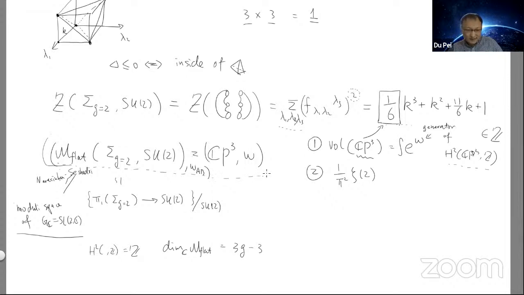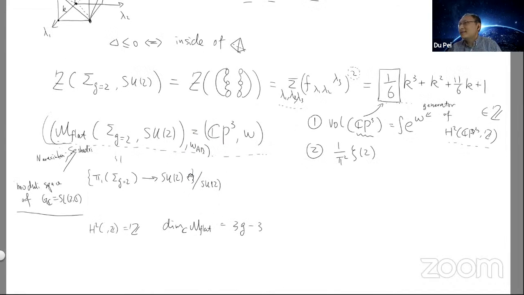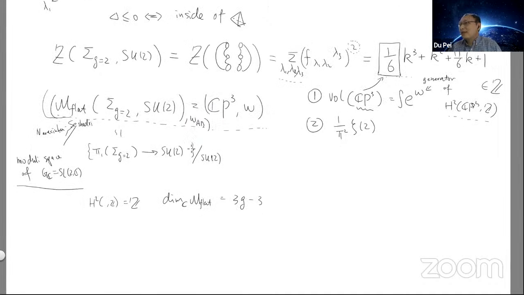So CP3 is going to be the classical phase space, but how do we get the quantum Hilbert space from the classical phase space? As I mentioned, there is a procedure known as geometric quantization.